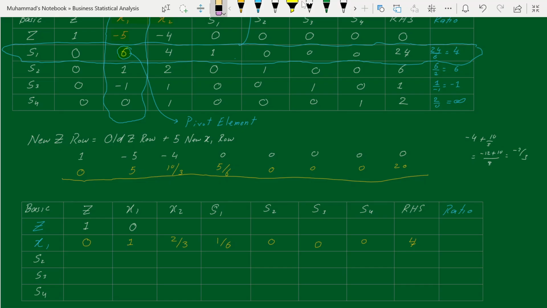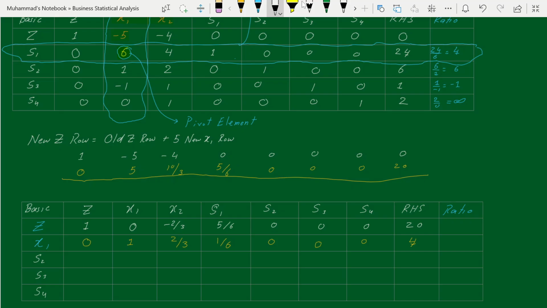Okay, so here we can write down -2 by 3, -2 by 3, and here I can write down 5 by 6, and here I can write down 0, 0, 0, and 20. Okay, so now we have found a new 0.